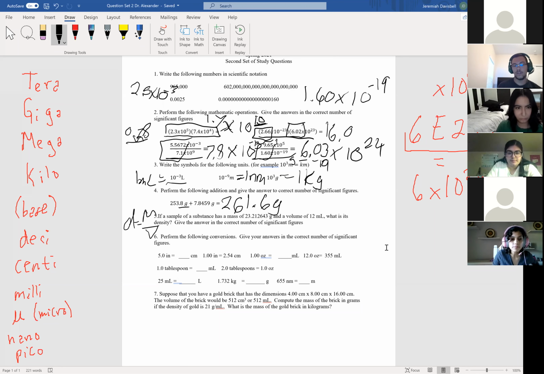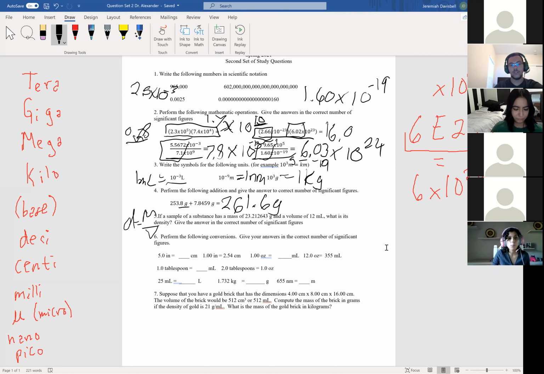Since we're dividing, how are we going to figure out how many significant figures we have? The least amount of sig figs, which is 2. So 23.212 divided by 12 will give us 1.9. Does everybody agree with that? Yes.